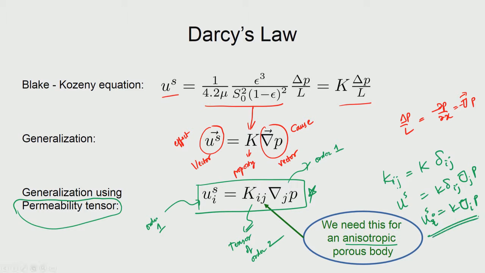So, you see a vectorial relationship giving only a constant here for the case of isotropic medium. By Neumann principle, the property should have the same symmetry as that of the material. So, if the material happens to be an isotropic porous medium, then the property also should be isotropic, in which case you get the relationship that we have already seen.